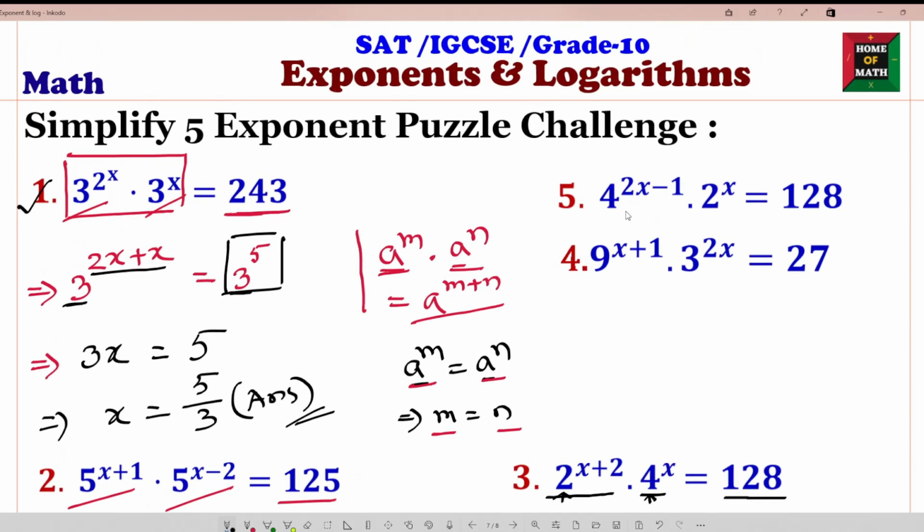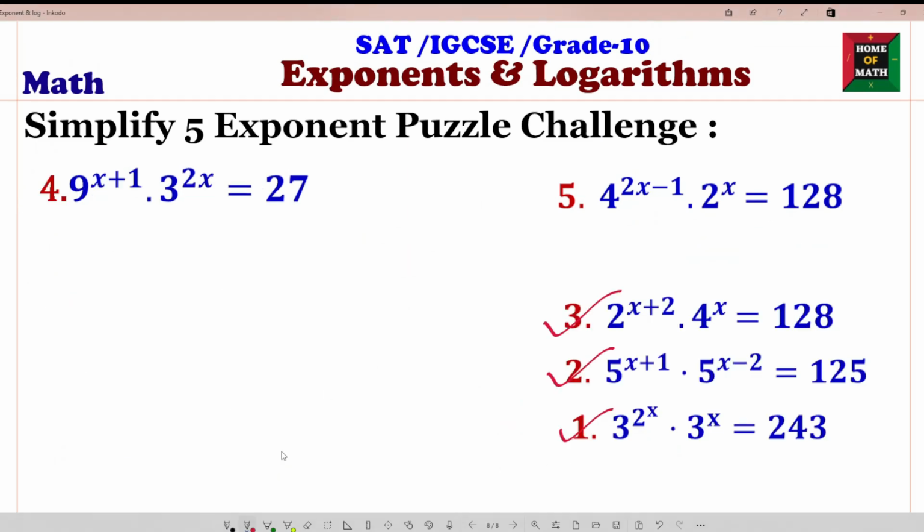Now our remaining questions, 4 and 5. Number 4. Here is 9 to the power x plus 1 times 3 to the power 2x equals 27. Here the base is 9 and here is 3 and here is 27. So we have to try to make them similar.